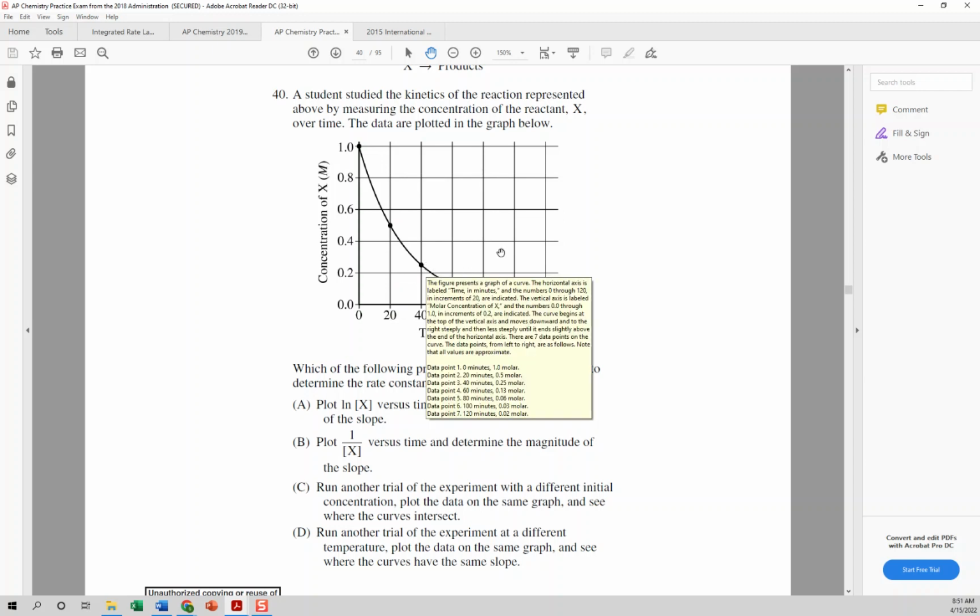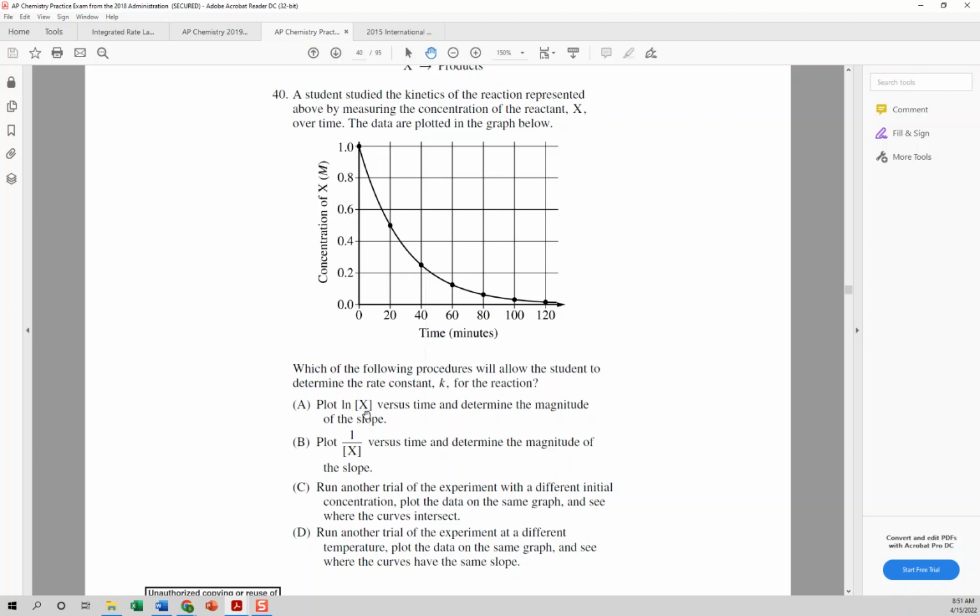So that means either this plot has to give us a straight line, the natural log of concentration versus time, or 1 over concentration versus time has got to give us a straight line. And we know if that gives us the straight line, then the magnitude, that means absolute value of the slope, is the K value. And if this gives us a straight line, the magnitude of the slope is the rate constant.